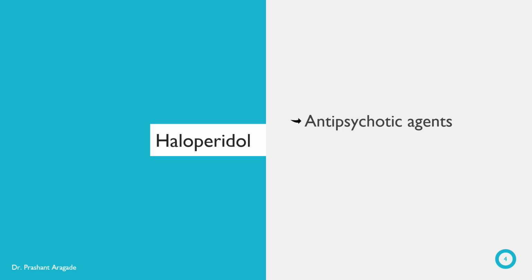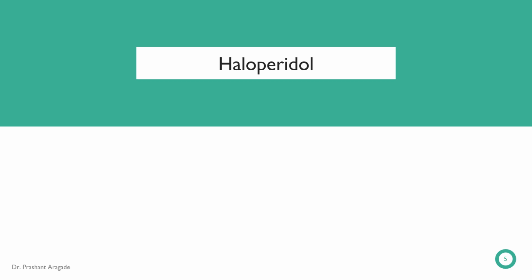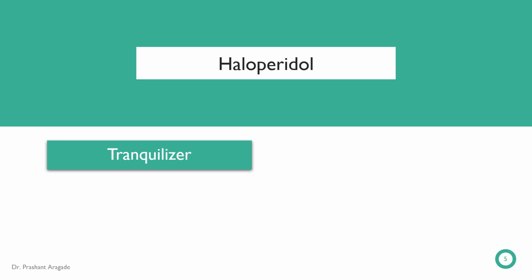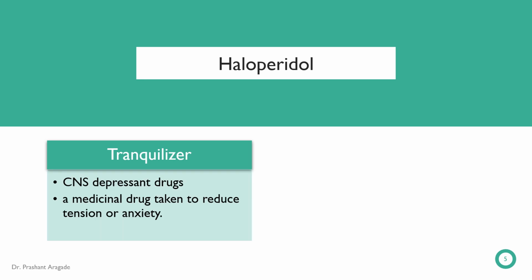Haloperidol is used as an antipsychotic agent. It is also called a major tranquilizer. Tranquilizers are CNS depressant drugs which are taken to reduce tension and anxiety.